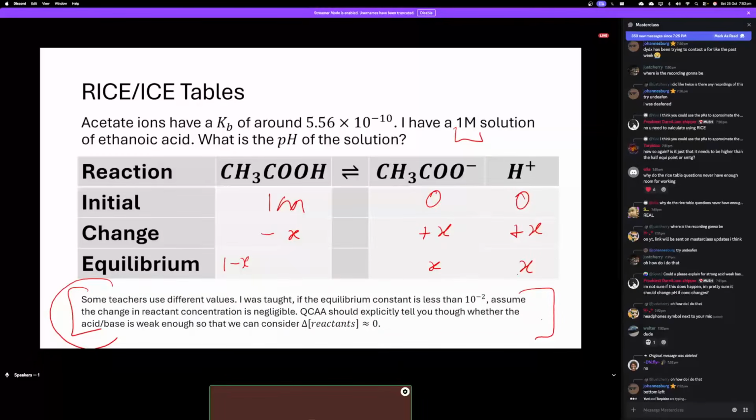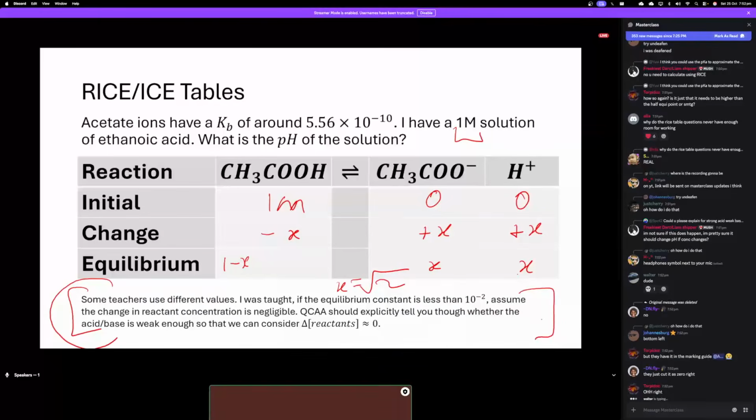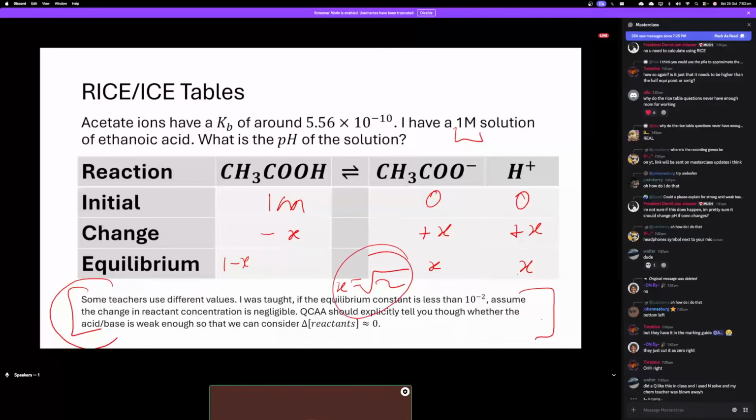The marking guide may ask you to take a square root, but they should never ask you to use the quadratic formula. That should be out of syllabus.